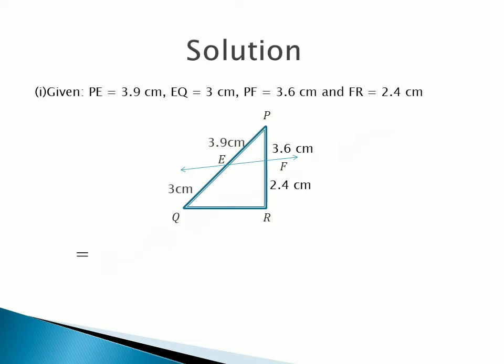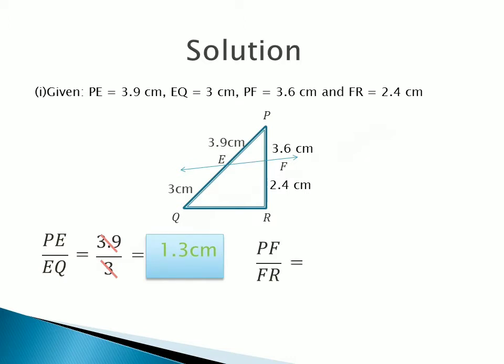Then we have to see PE by EQ is equal to 3.9 by 3. Very easy problem. 3 ones are 3, 3 13s are 39. So the answer is 1.3 centimeter.